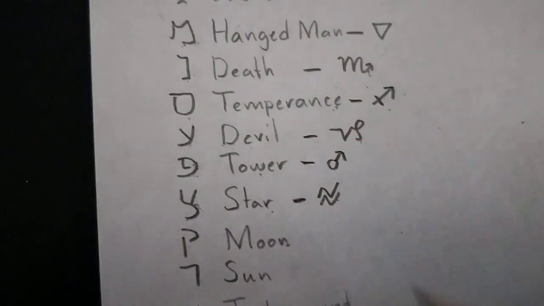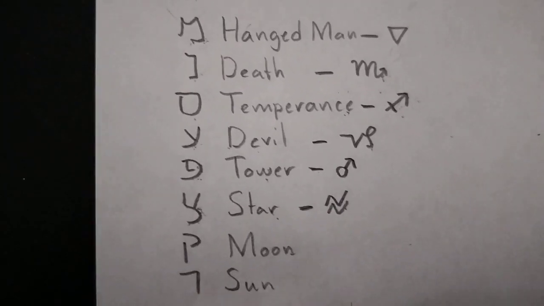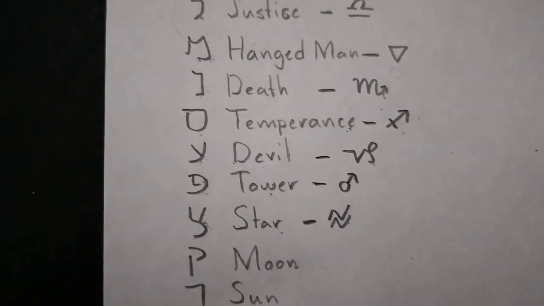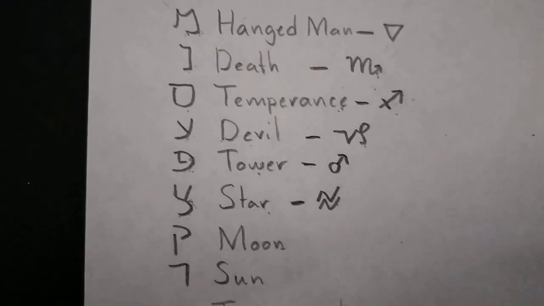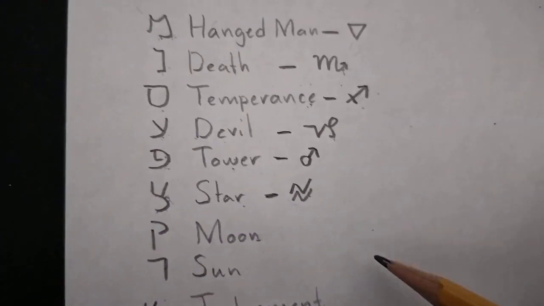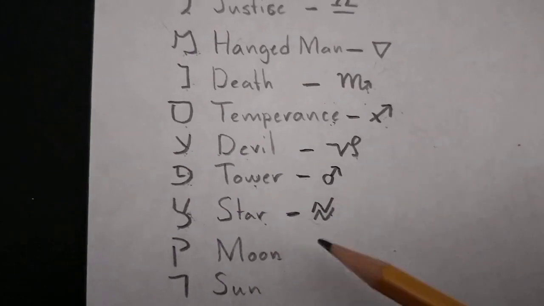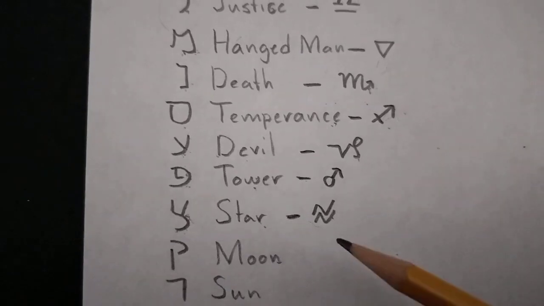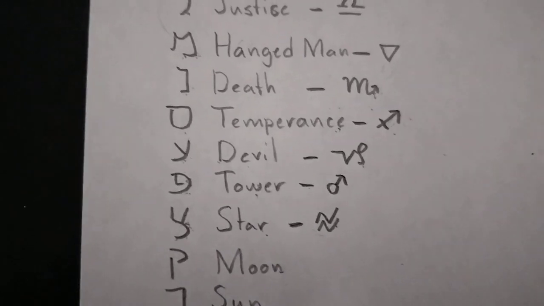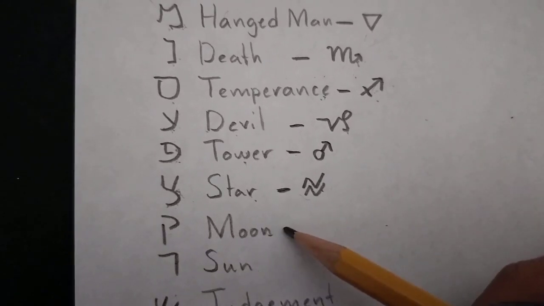In order to be the star, you need to be able to do that. You need to be able to give. You need to be able to shine so that other people are inspired to do what they know is right. The negative side of Aquarius is like, I'm going to tell everyone what to do. The positive side of Aquarius is I'm going to do what I know is right and what I'm inspired to do, and that will inspire others to follow their path and to live their best life.